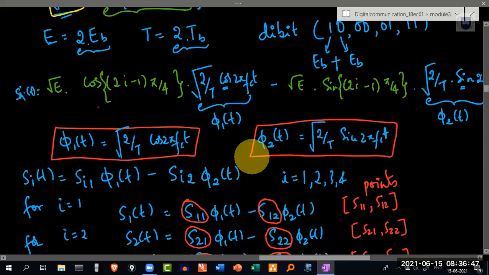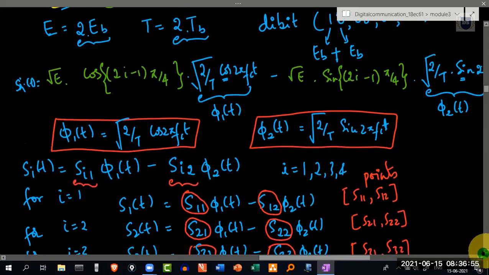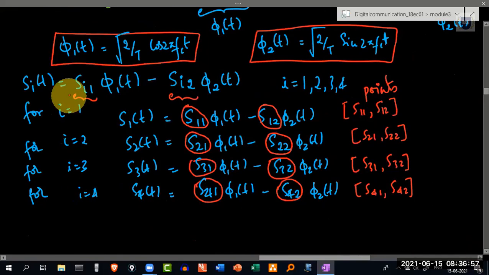And whatever is left out, I can call it the Si1 and Si2 coefficient values, and I can have different coefficient values by choosing a specific value for i, because we all know that i can take on values from 1 to 4, because we have four message signals. M is equal to 4.